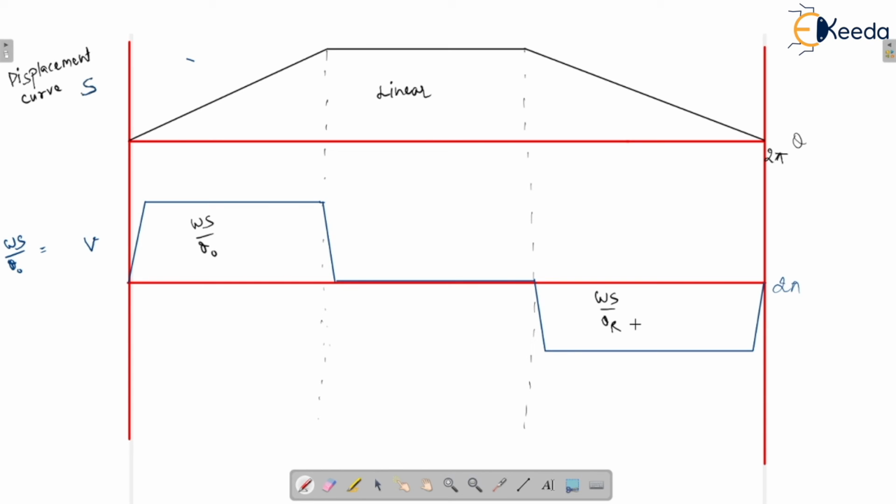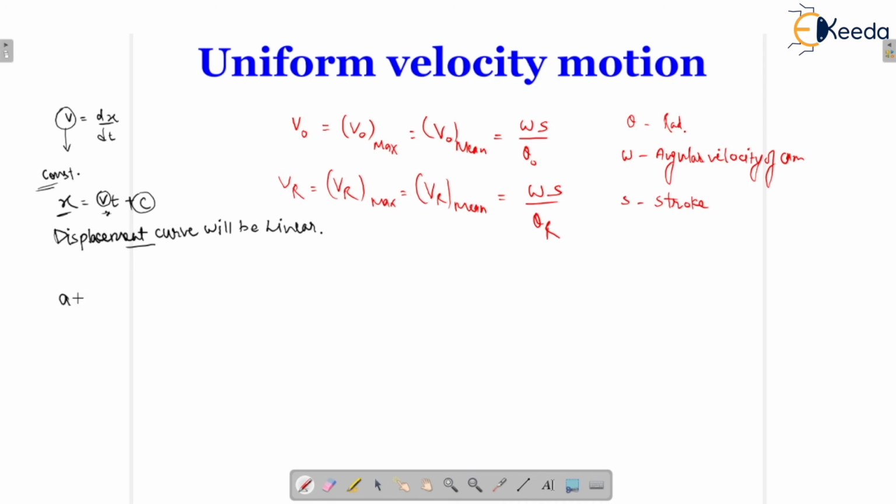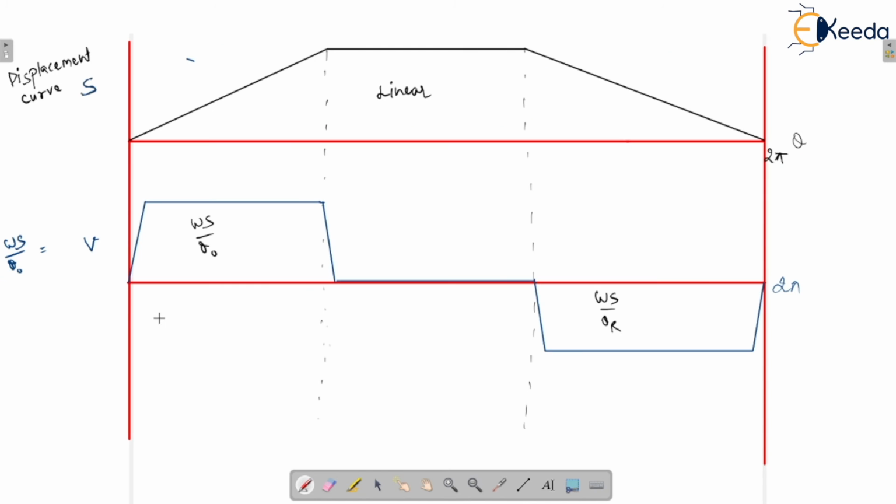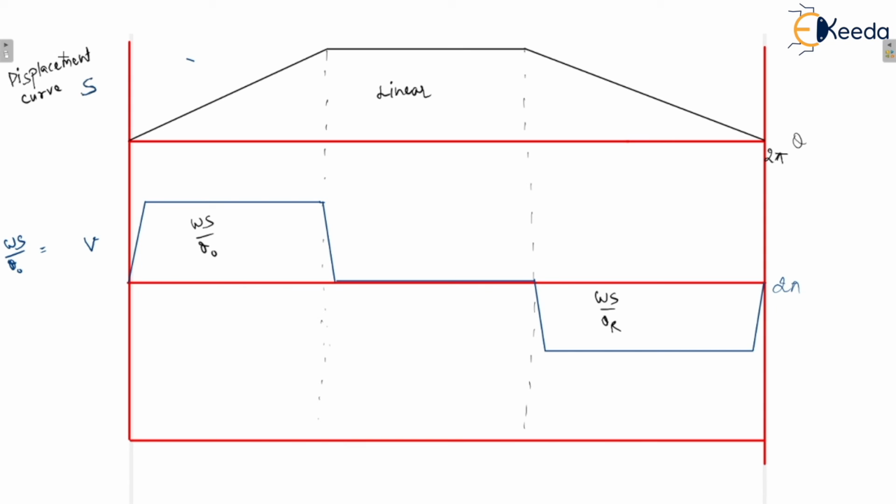Is it clear? If the velocity is constant, we all know the acceleration would be dv upon dt, so that means it is zero because the velocity is constant. So if the velocity is constant, acceleration becomes zero. If you want to draw the diagram of acceleration during the uniform velocity motion, it would be like that.